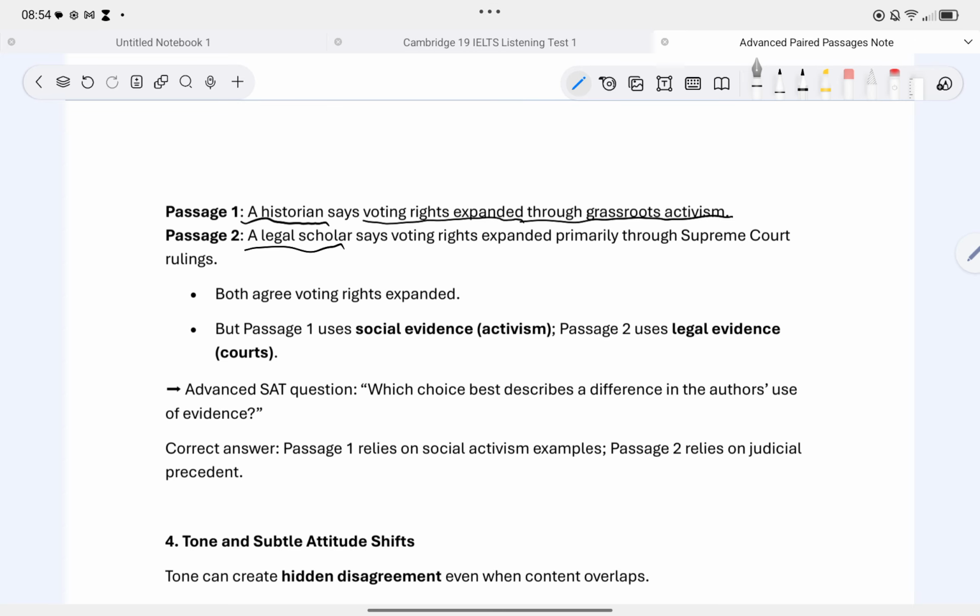A legal scholar says voting rights expanded primarily through the Supreme Court rulings. So they both agree that voting rights expanded, but they claim different things. One claims it is through grassroots activism, the other claims it is through Supreme Court rulings. So that's difference in evidence.